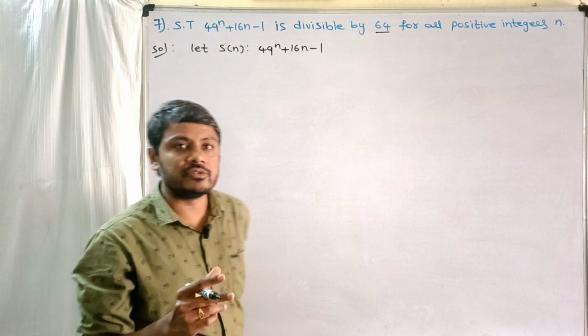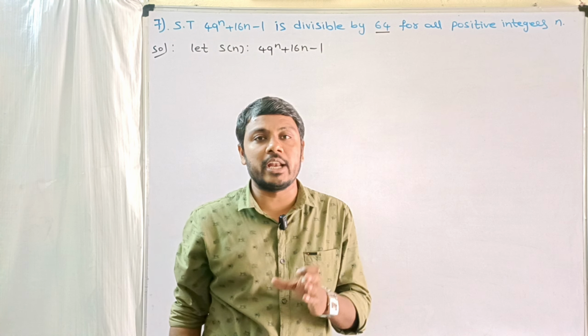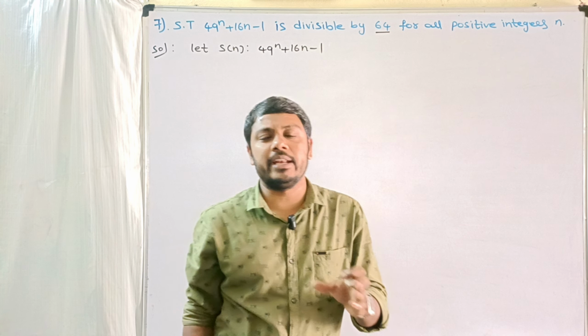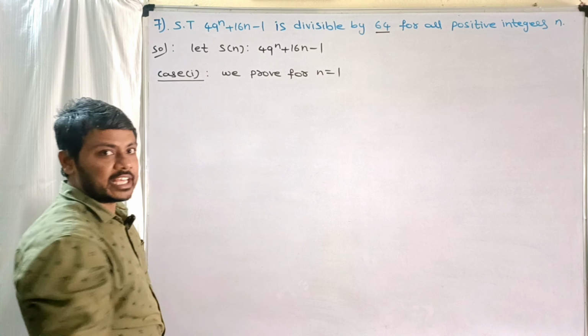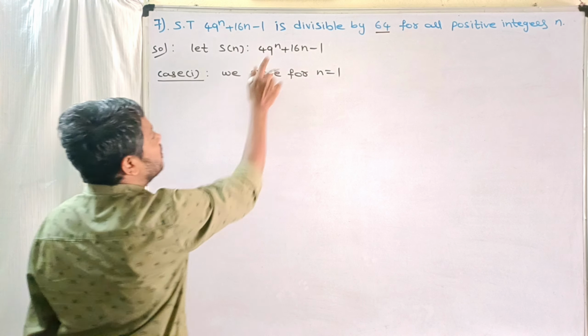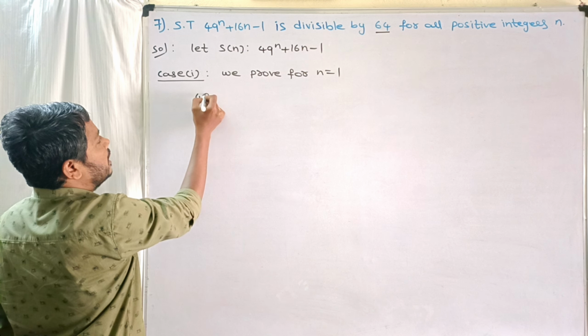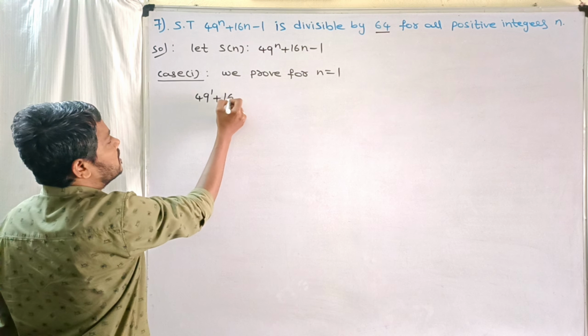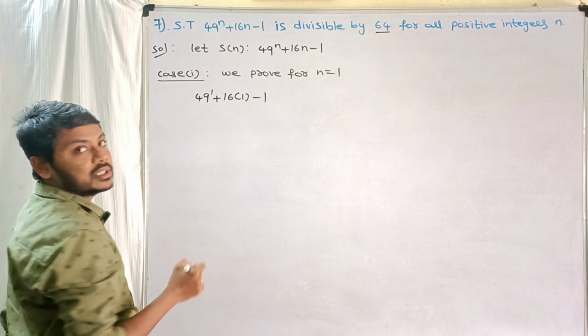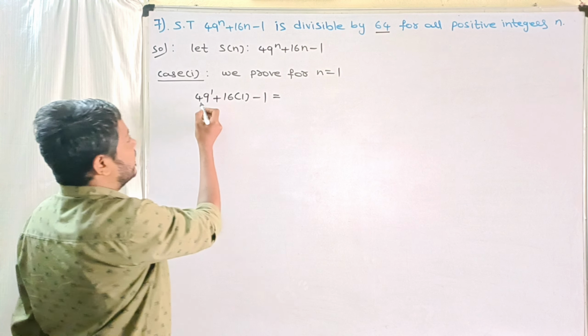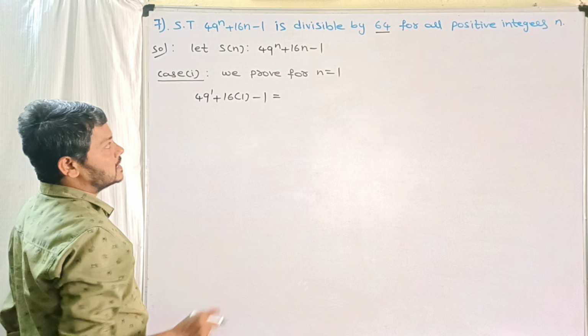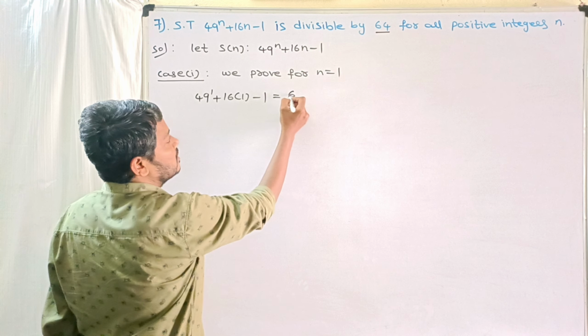Next, case 1. In case 1, you prove the given statement is true at n equals 1. So replace n by 1. What will you get? 49 power 1 plus 16 into 1 minus 1. That is 49 plus 16, 65, minus 1, 64.